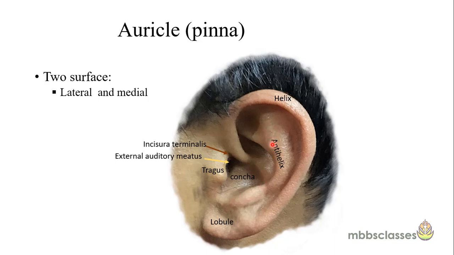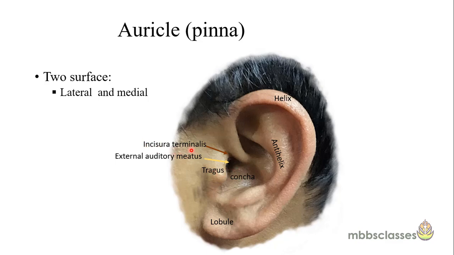This part, another small parallel line running to the helix, is known as the antihelix. The depression in the ear is known as the concha, which is the starting point of the external auditory meatus.